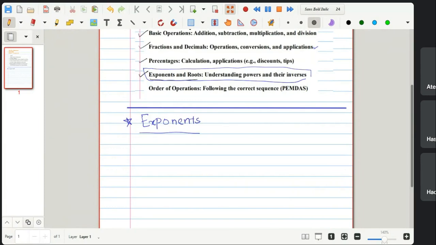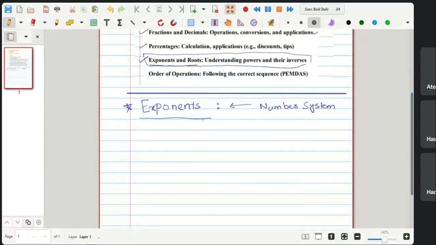So exponent basically comes under numbers, in unit number 1, which is the number system. So, dear students, we must first know basically what exponents are, where the word exponent comes from, and what comes to our mind when we hear about the exponent.